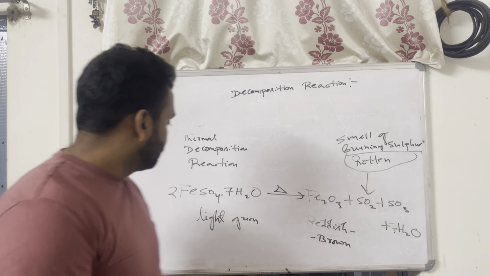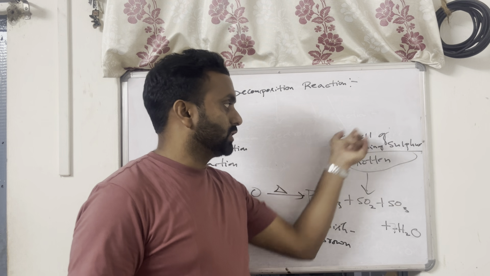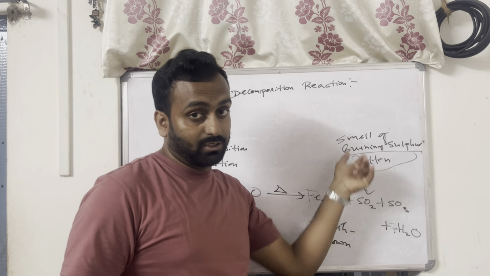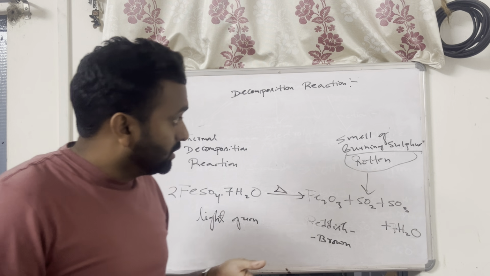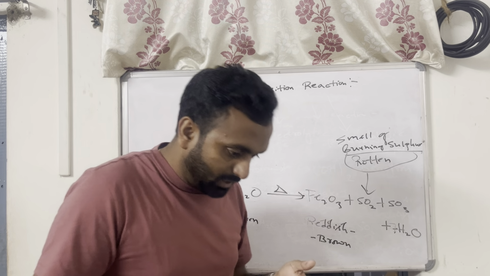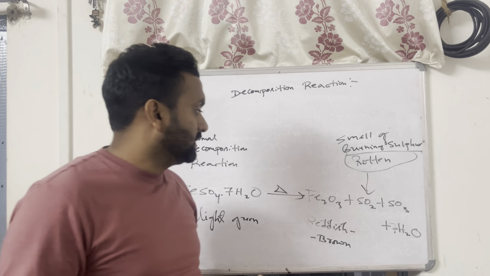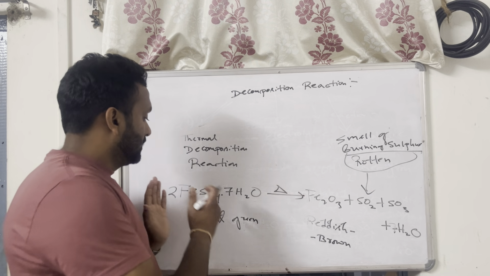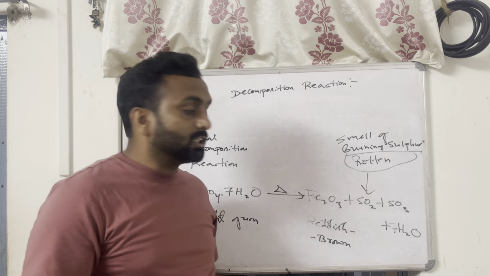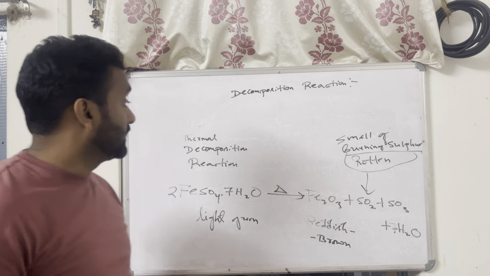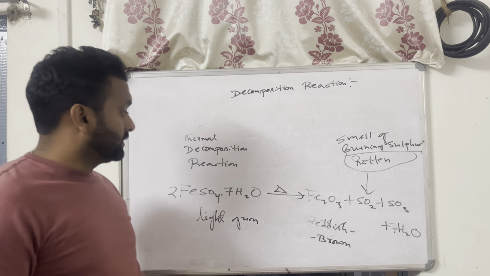So just remember that is the test for sulfur dioxide. If you smell a certain kind of smell like rotten egg, then surely it is sulfur dioxide. And here, initially this was light green in color, later it became reddish brown due to formation of ferric oxide. So this is the thermal decomposition reaction of ferrous sulfate crystal.